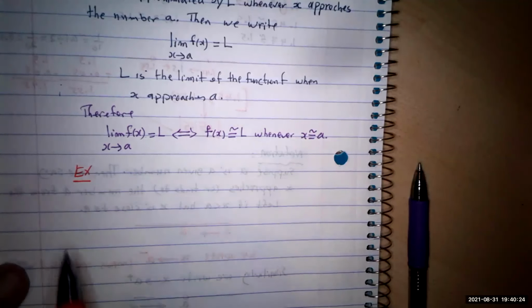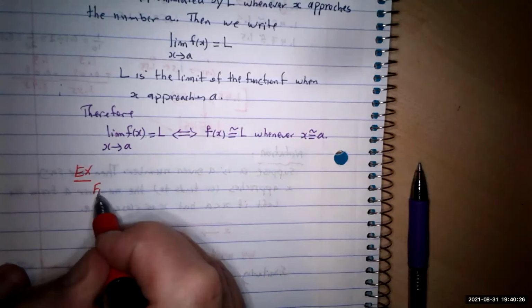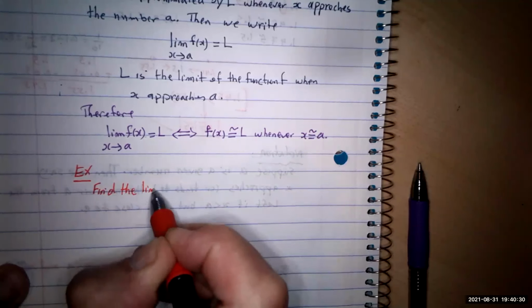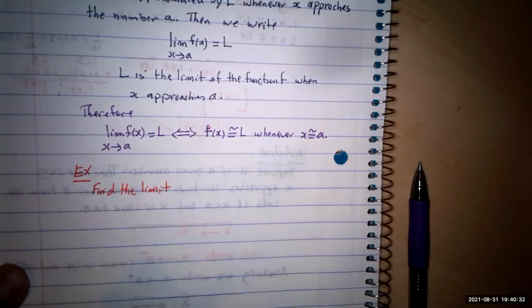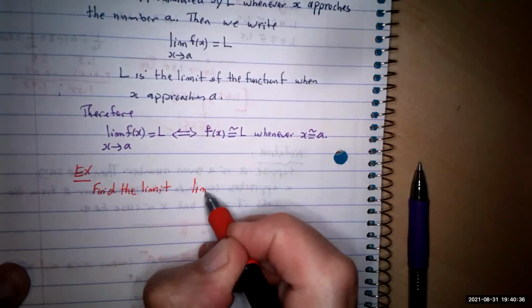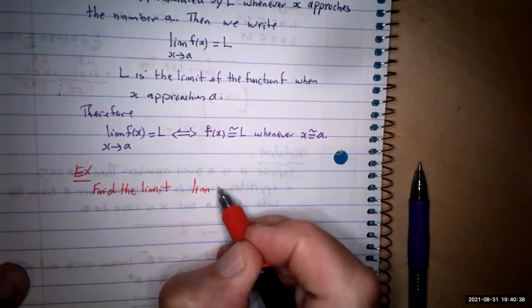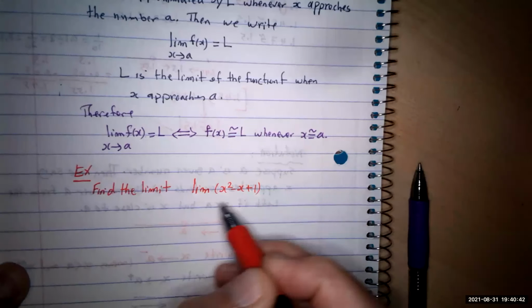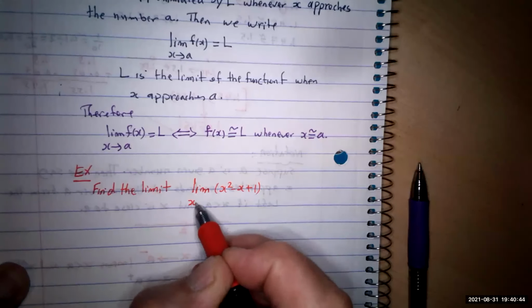We want to find this limit. Find the limit of x squared minus x plus 1 when x goes to 2. That's it.